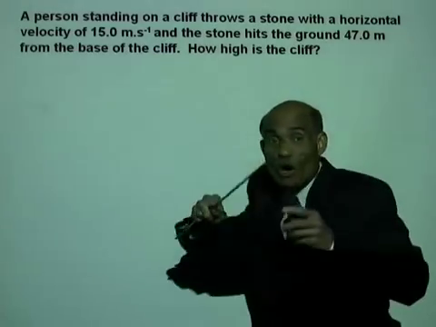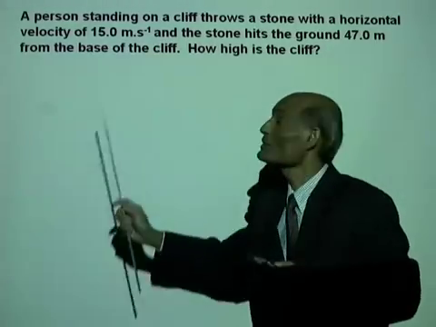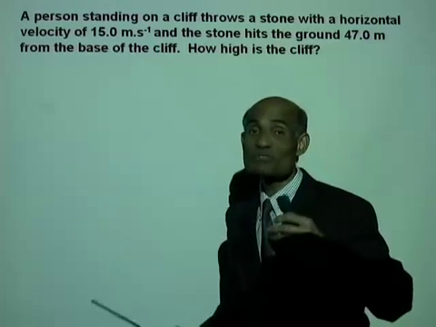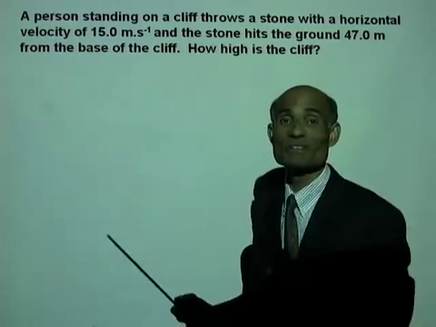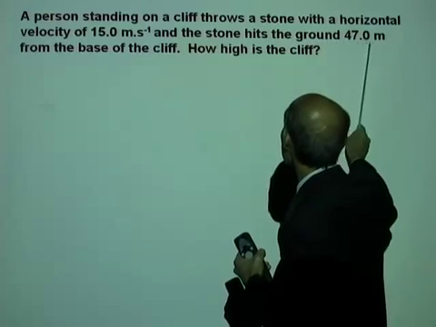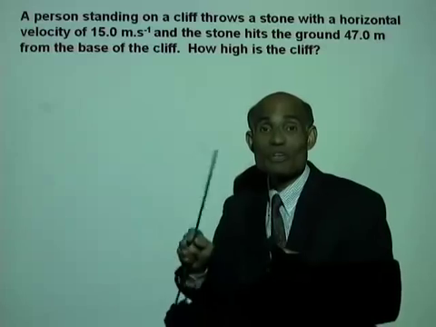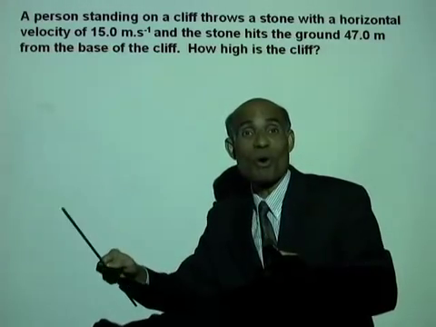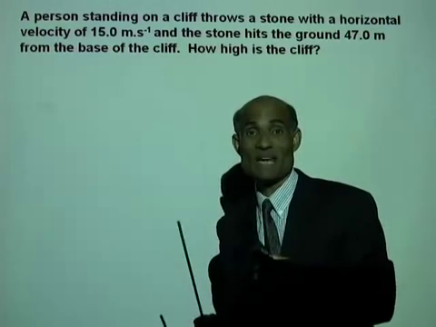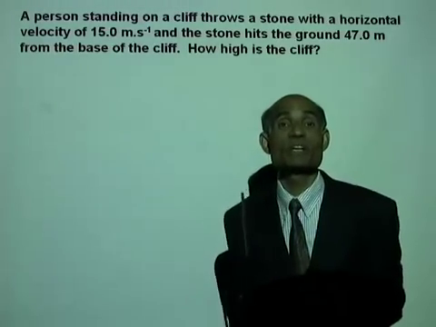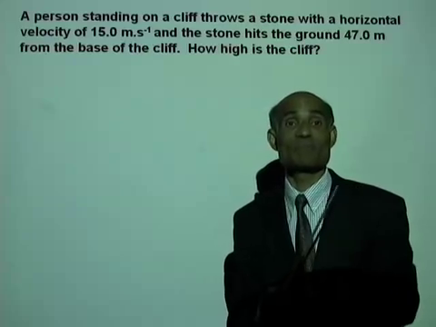We know the horizontal distance traveled, we know the horizontal velocity. Actually, this is the same as the first problem we did. We can use the horizontal distance and the horizontal velocity to figure out the time taken to fall. Is that right? Yes. And then use that time to calculate the vertical distance traveled.